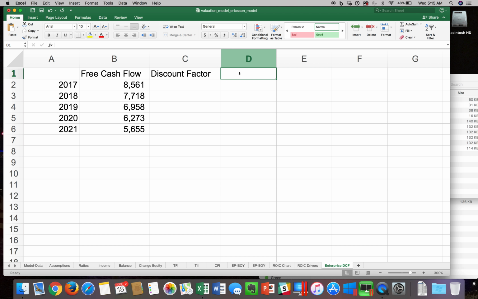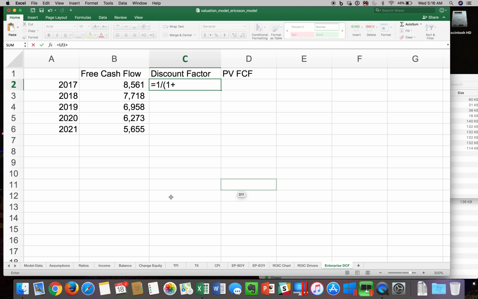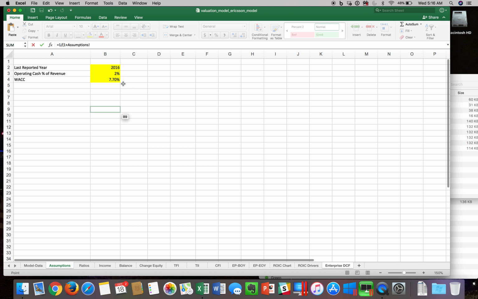So we have then the present value of the free cash flow. The discount factor is just 1 divided by 1 plus R, and the R is going to be the WACC, which comes off our assumptions tab.